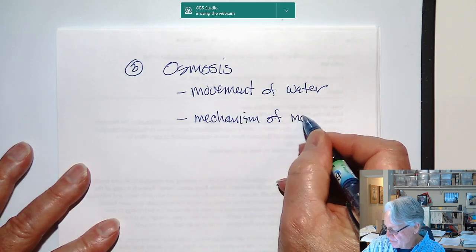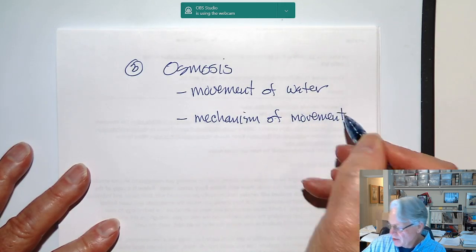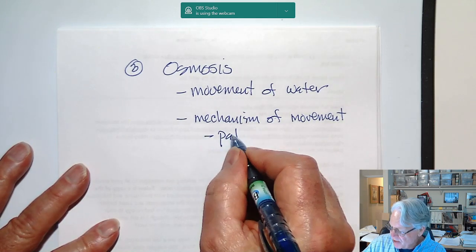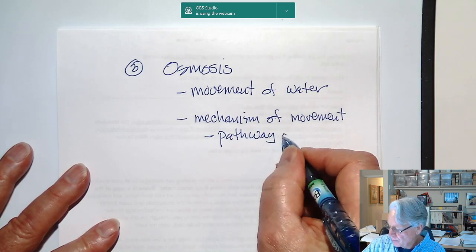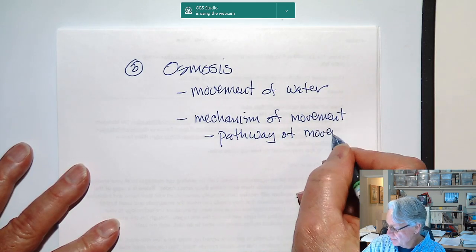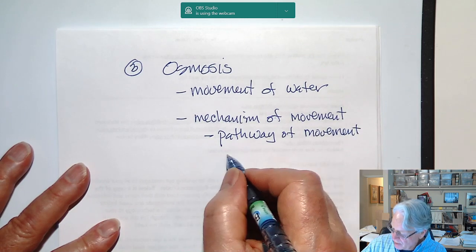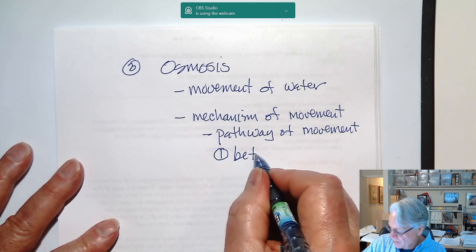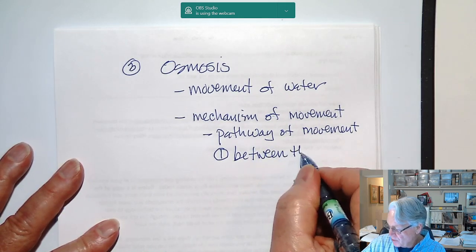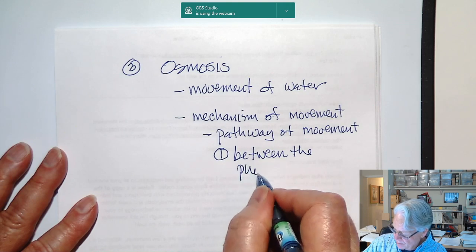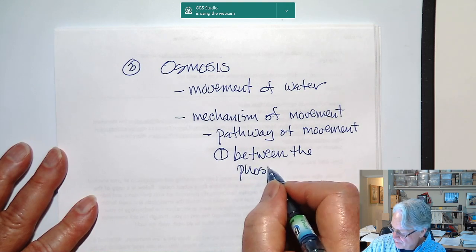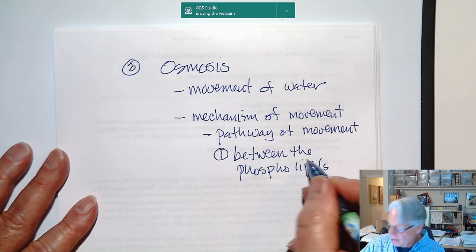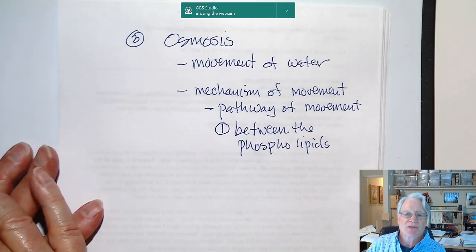And the mechanism of movement across the membrane, or perhaps a better way to say this, the pathway of movement, is in two ways. Number one, between the phospholipids that make up most of the membrane, if you recall phospholipids.